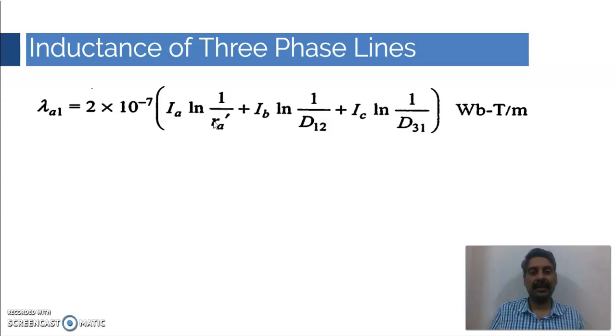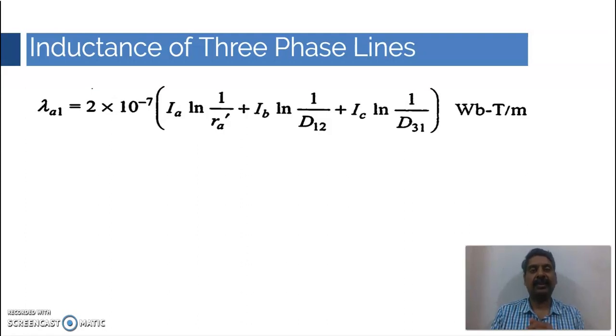natural logarithm 1 by RA dash, the self distance, plus the flux linked with conductor A because of current flowing through the neighboring conductor B, which is IB natural logarithm 1 by D12. D12 is the distance from the second conductor to the first conductor. Similarly, the flux also links with conductor A because of the current through conductor C: IC natural logarithm 1 by D31.